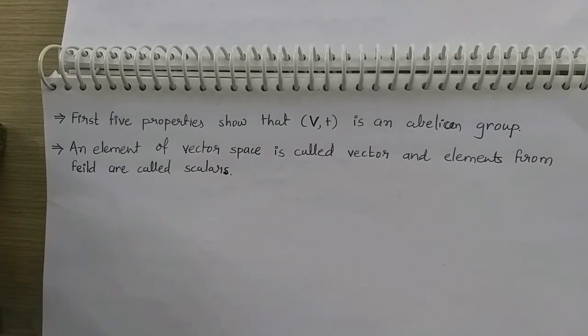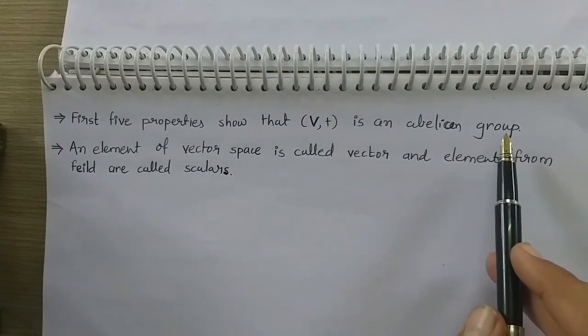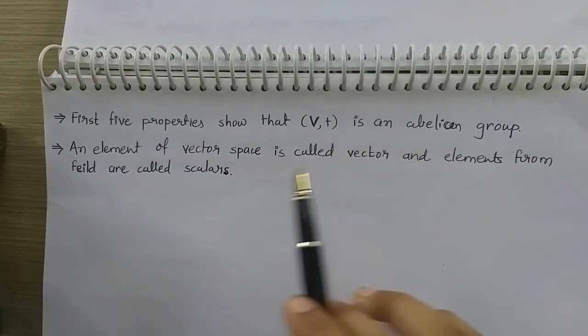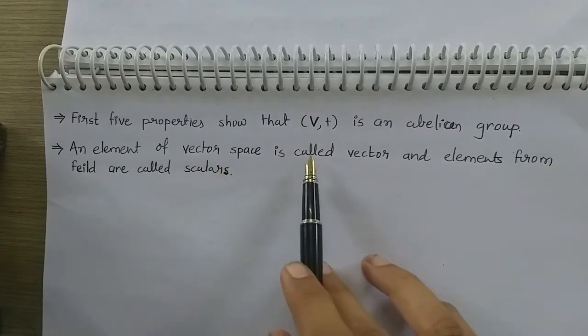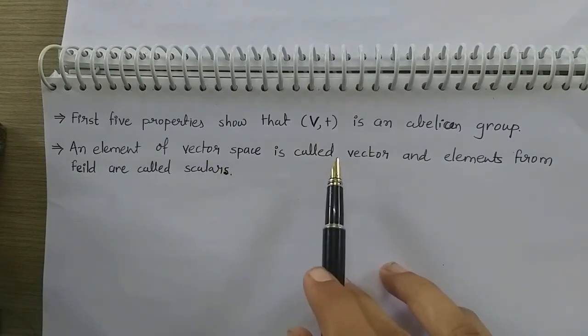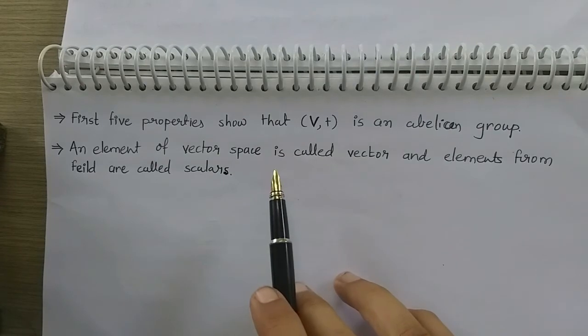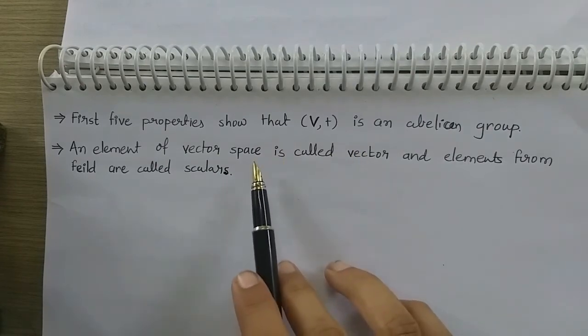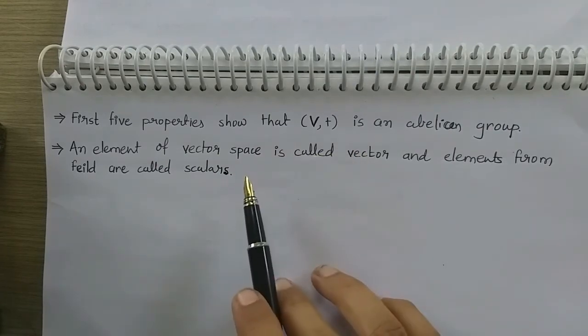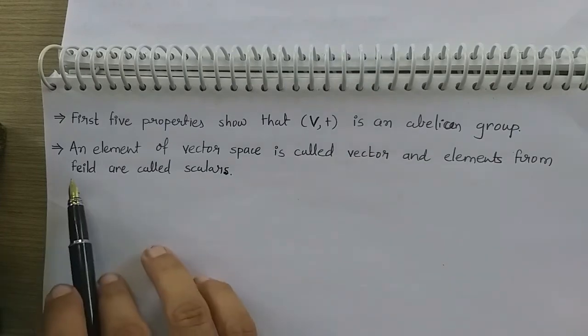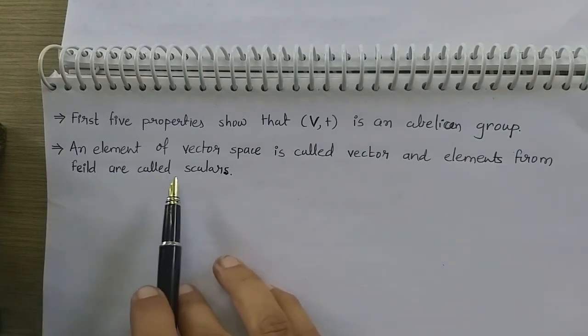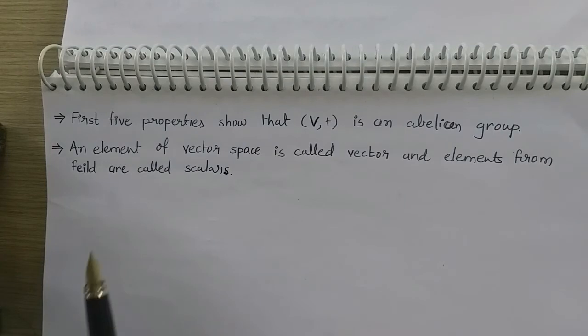Now as discussed earlier, the first five properties show that (V, plus) is an abelian group. From now onwards, an element of a vector space is called a vector, and if we consider an element from a field, then we call it a scalar.